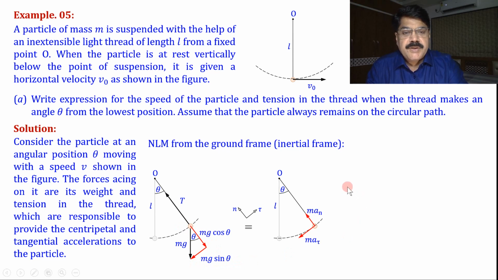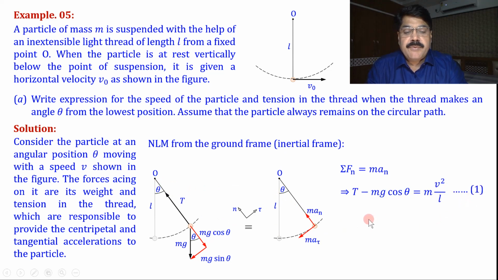One equation is summation F_n equals m a_n, and the second equation is summation F_tau equals m a_tau. Let us first write summation F_n equals m a_n. For the normal direction we can see T minus mg cos theta equals m a_n, and for a_n we can replace v squared by l, because l is the radius of the path. So T minus mg cos theta equals m v squared by l. This is equation number 1.